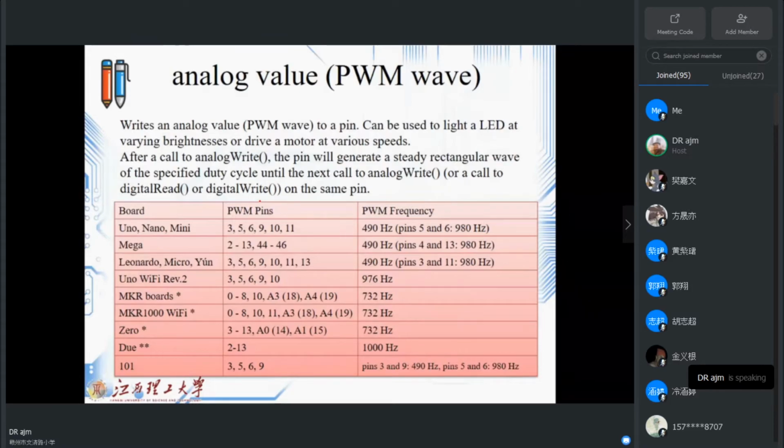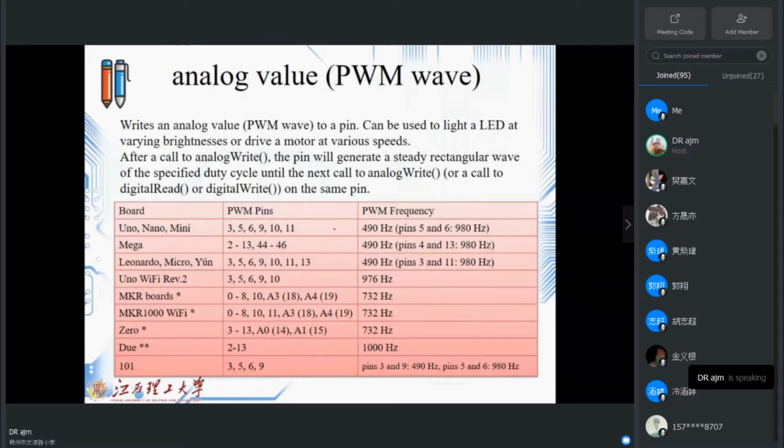But these pins are limited on the Arduino board. Suppose with the Uno, we have just these six pins: pin number 3, 5, 6, 9, 10, and 11, as you can see here. Remember that the PWM frequency is 490 Hz.